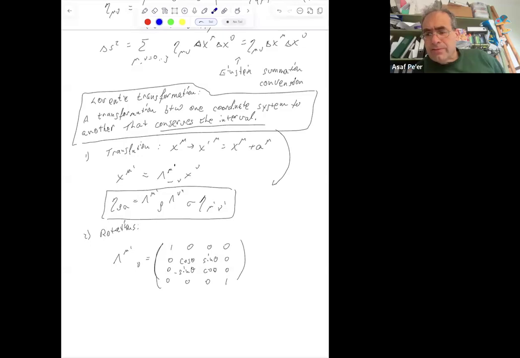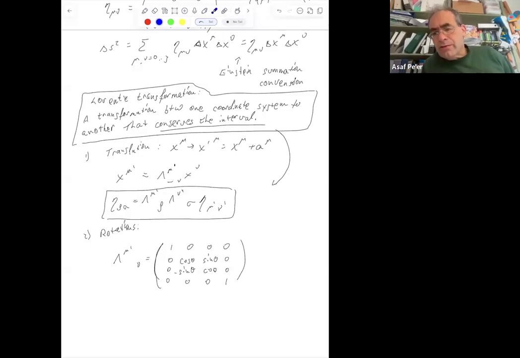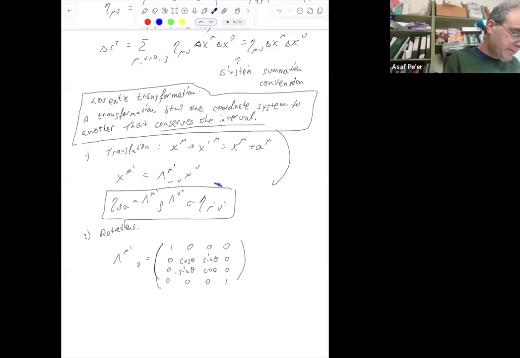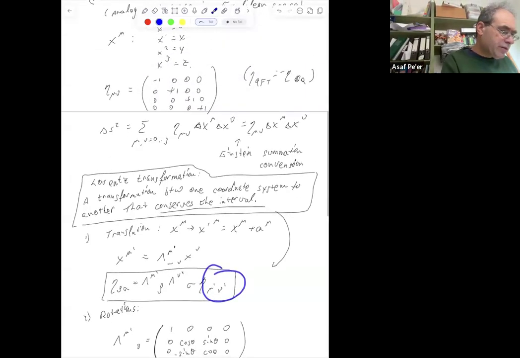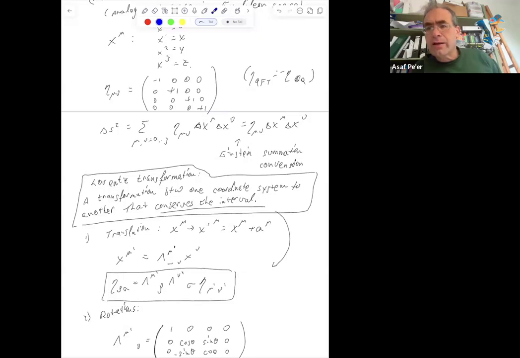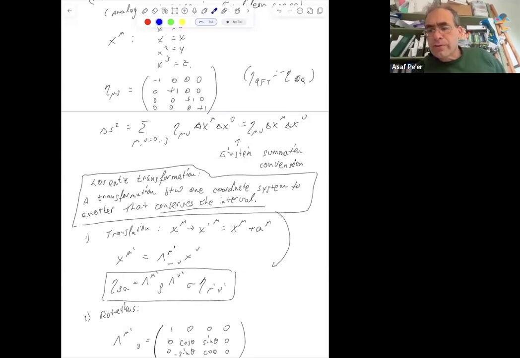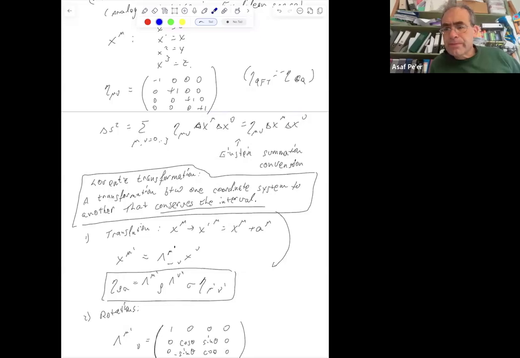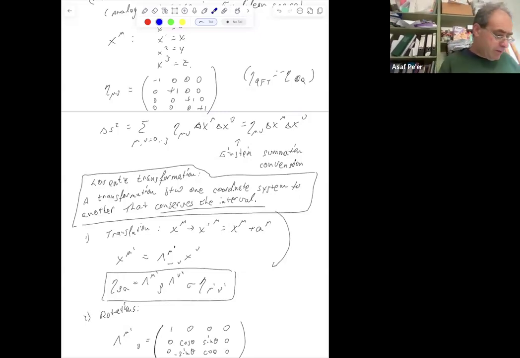Most of these are zero because the matrix eta is mainly zeros. But overall, this is a very compact form to represent actually quite a lengthy set of operations. All right.